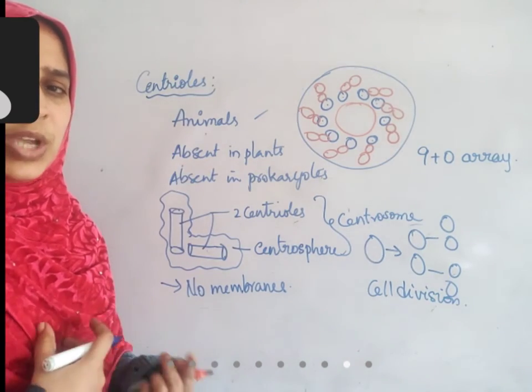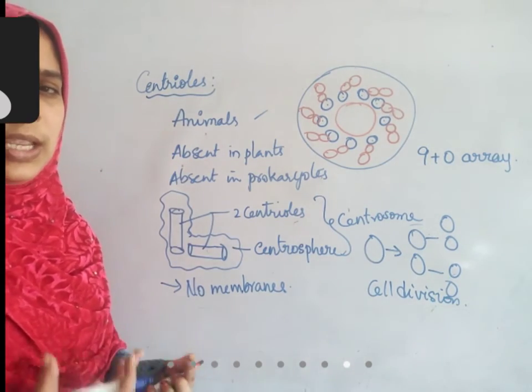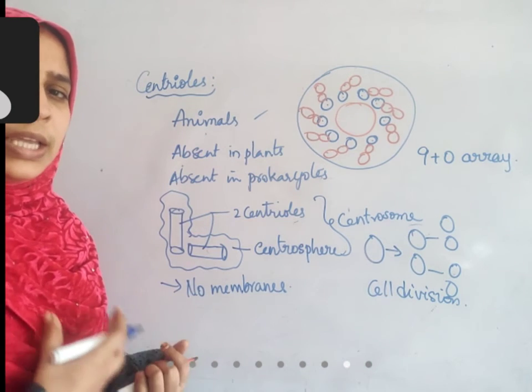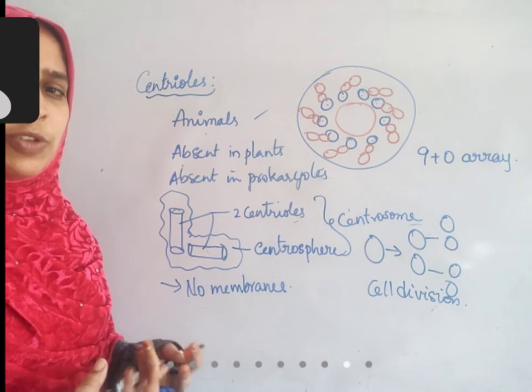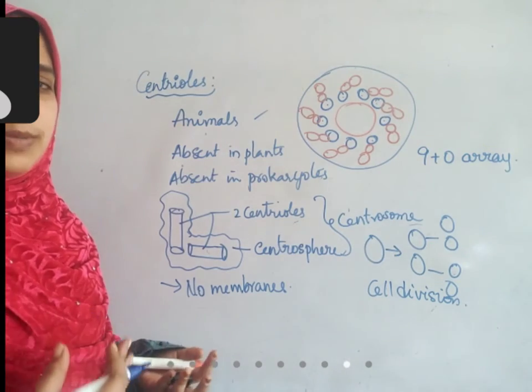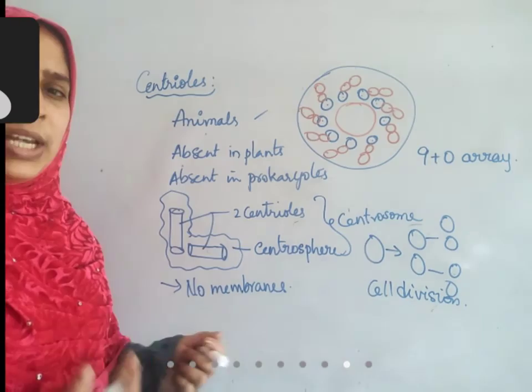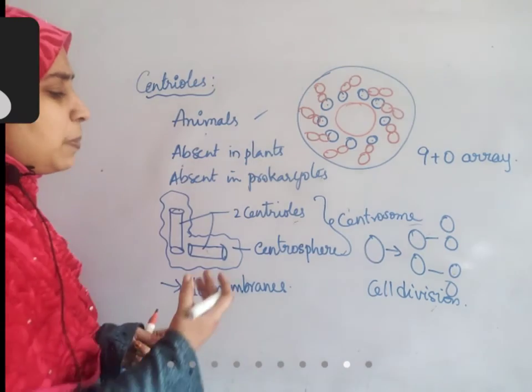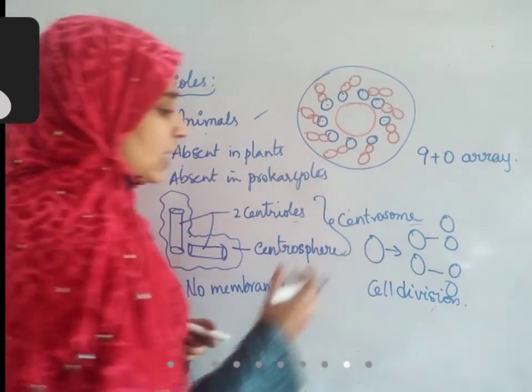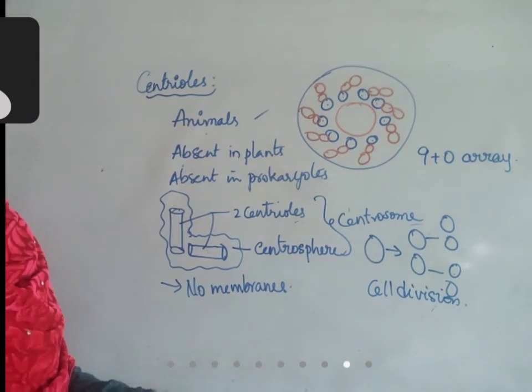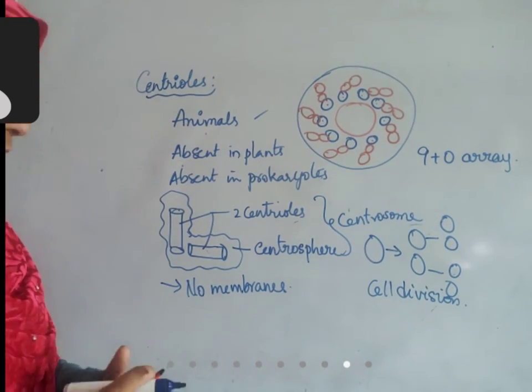Sometimes damage occurs. We are using the tissues continuously. Some of the tissues become old, they die. They should be replaced with new cells. Some cells like RBC, WBC, platelets, they die very frequently. They should be replaced. So that is the purpose why our body cells have the capacity to divide. Okay, it helps in growth and repair.